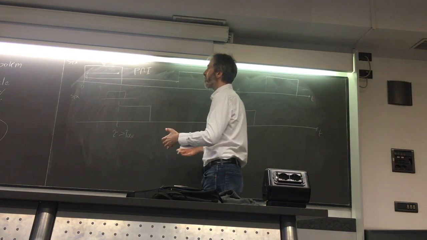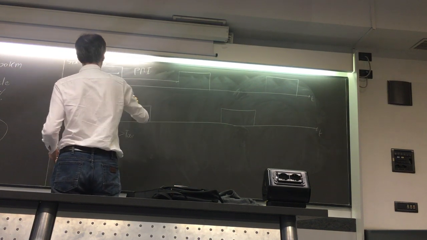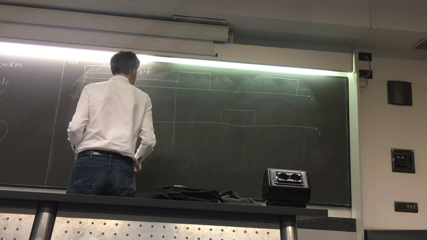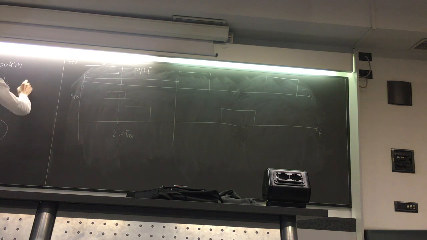And your ambiguous distance or ambiguous range is just this time interval converted in meters. So your ambiguous range is half the speed of light times the PRI.